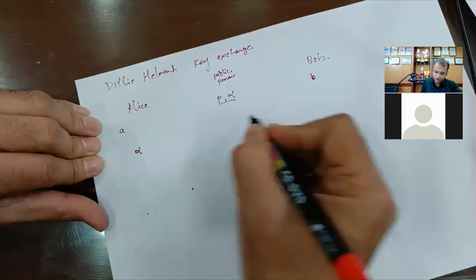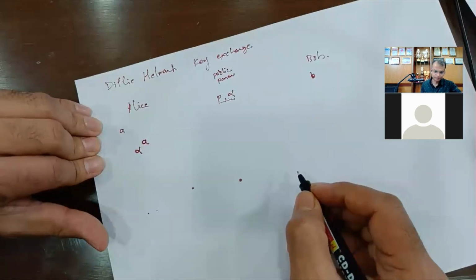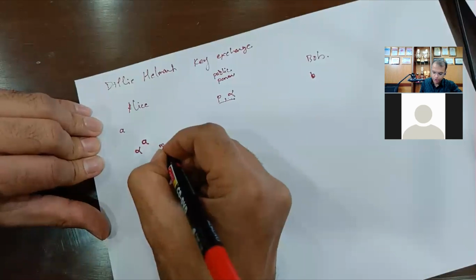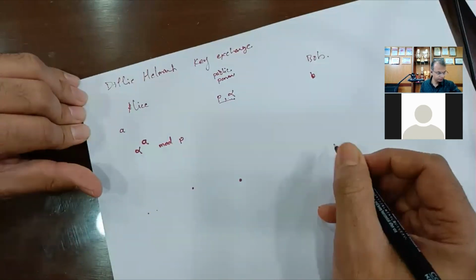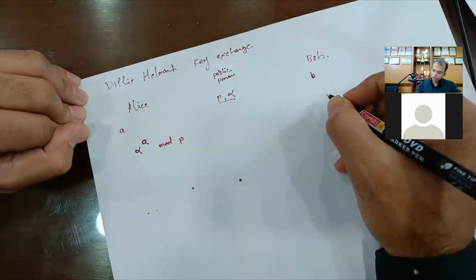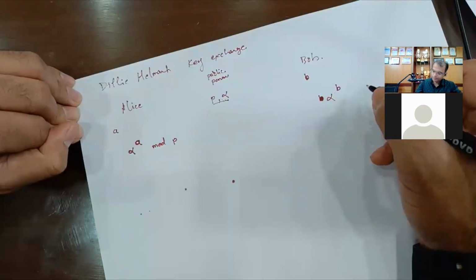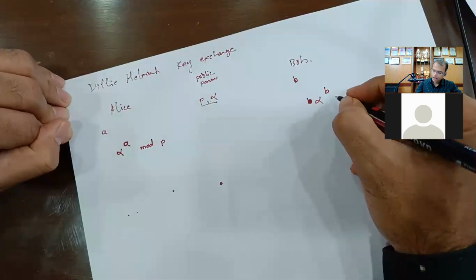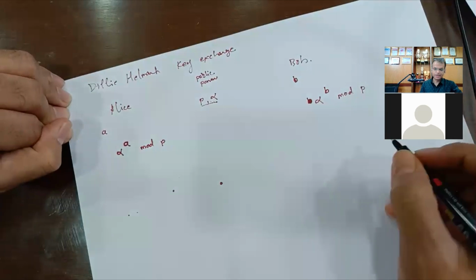Alice takes this alpha, raises it to her own private key, and takes the mod operation on P. And Bob also does the same thing. Bob takes alpha, raises it to his own private key, and takes the mod operation. If you have any doubts, please let me know.